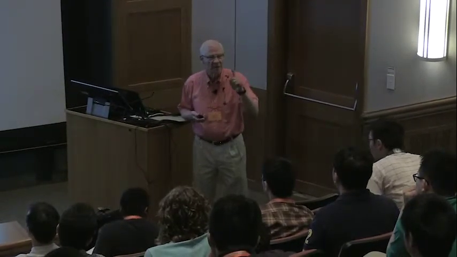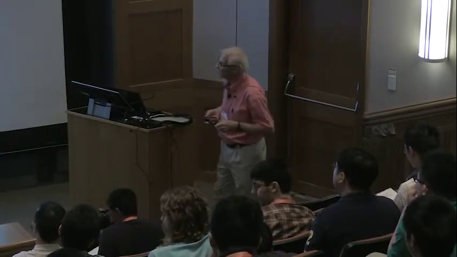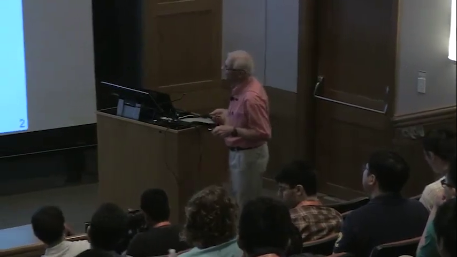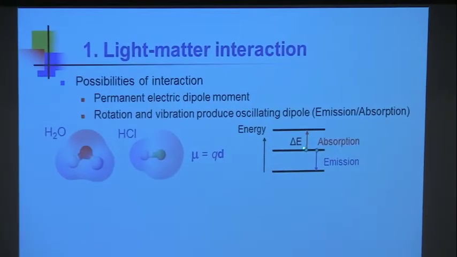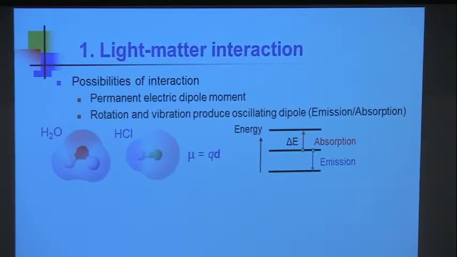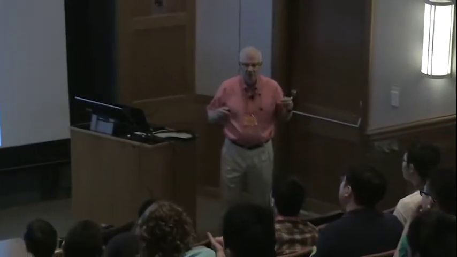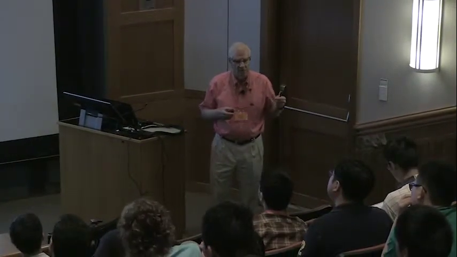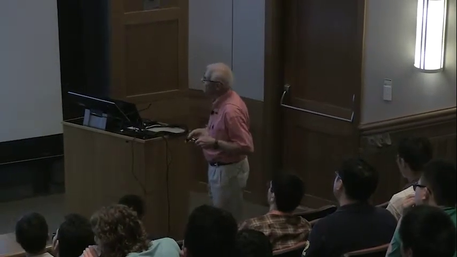So whether you're emitting light or absorbing light, when you have that oscillating electric dipole, there will be interaction with electromagnetic radiation. Bigger molecules like H2O have some of the same properties. So again, we're thinking about either absorption or emission. By the way, at equilibrium, all processes are balanced, microscopically balanced. If it can emit, it can absorb. So we think of them together.